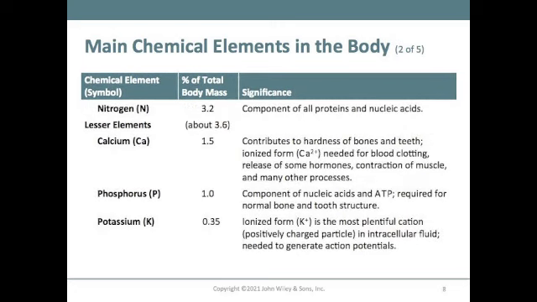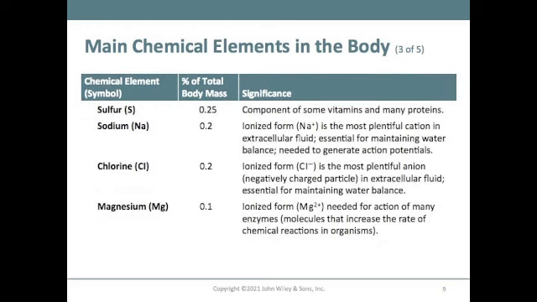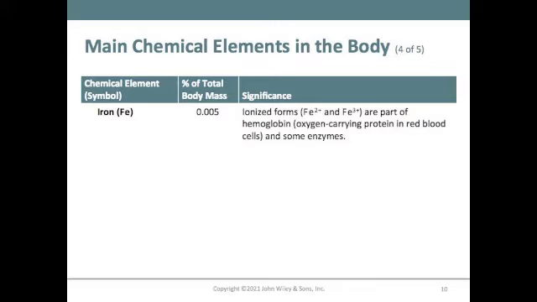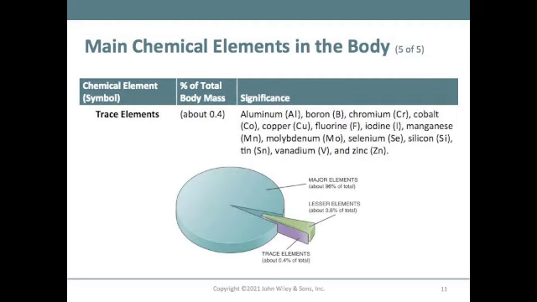This next slide is also part of the same table, as are the next few slides. And this slide here with the pie diagram on it is also part of the same table, but now we're on page 31.